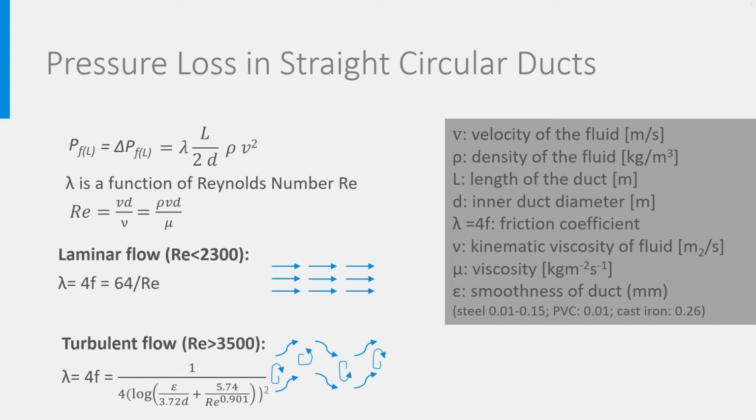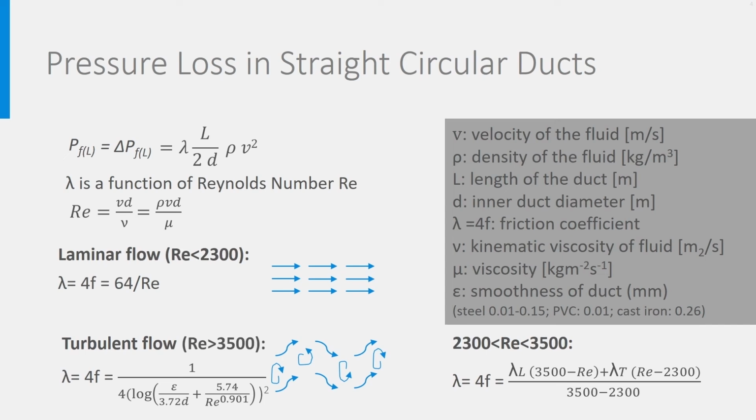The rougher the pipe, the higher the friction coefficient. In the frame on the right, you see some values of epsilon for diverse materials. The actual value depends a lot on the manufacturer. If the Reynolds number is in between, an interpolation can be used as given in the last formula.